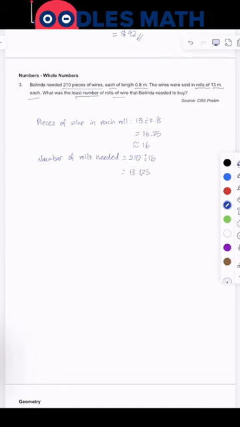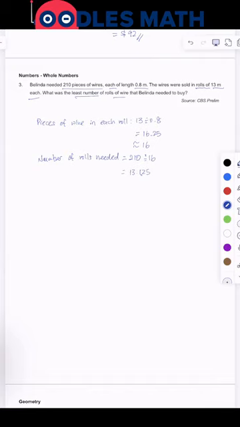If I only buy 13 rows of the wire, 13 rows will only give me fewer than 210 pieces, which is not what Belinda needs. Belinda needs 210. So I need to buy one more extra row.